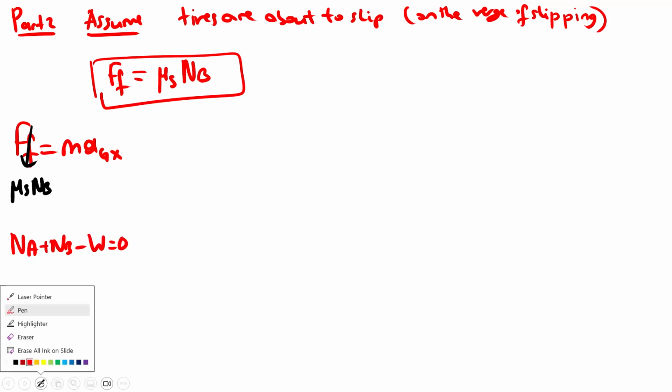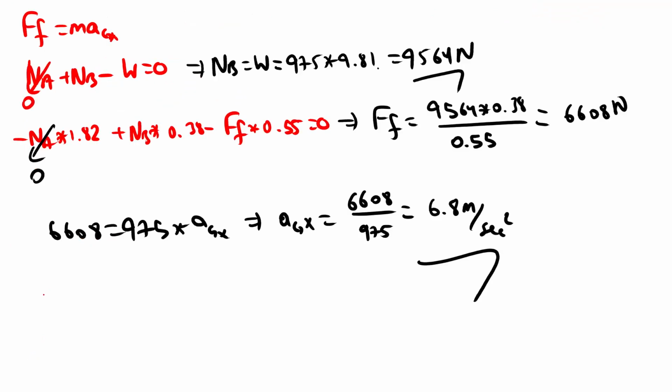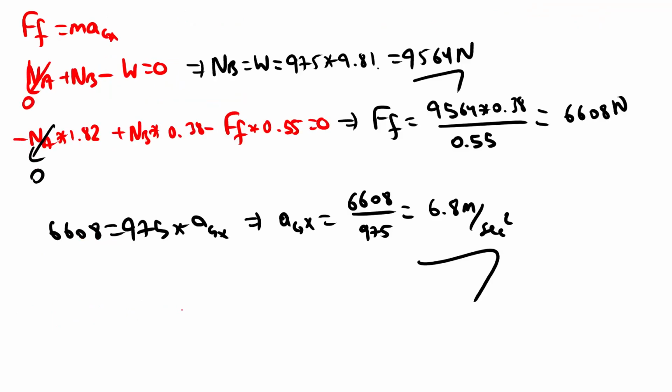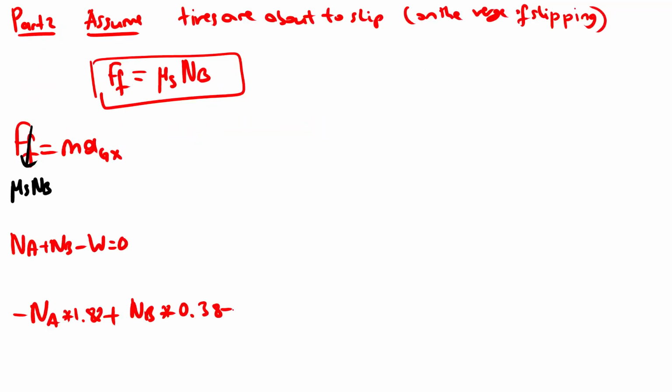The last one is that negative n of a times 1.82 plus n of b times 0.38 minus f of f times 0.55, that's equal to 0. And then from here f of f will be just mu s times n of b.